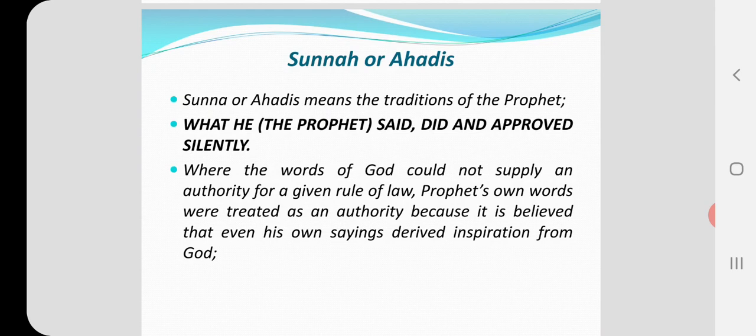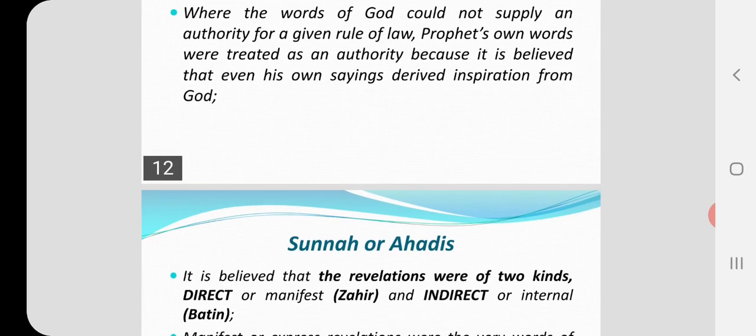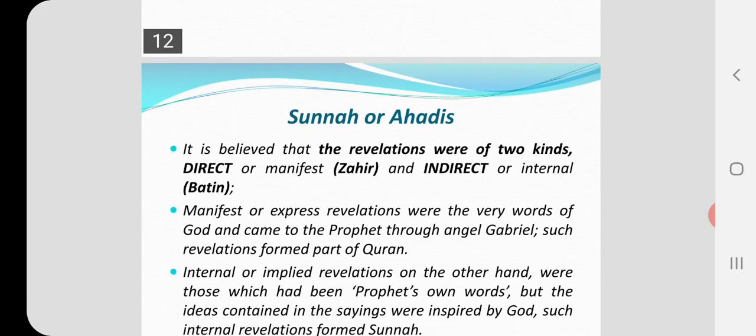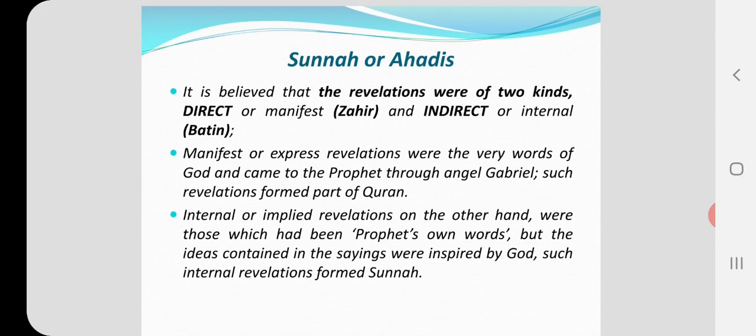He always said or did or approved anything by the guidance of God. So his actions were also inspired. They were derived from the inspiration from God. And therefore, Muslims believe that his sayings, his deeds, and his silent approvals are of great significance.